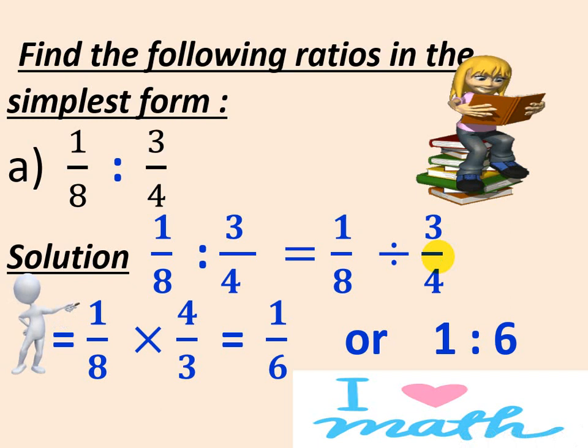From last year, division of fractions will convert into, yes, multiplication: times 4 over 3. 1 over 8 times 4 over 3, by calculator, you will get 1 over 6. 1 over 6 means 1 to 6. So the ratio in the simplest form will be 1 to 6.